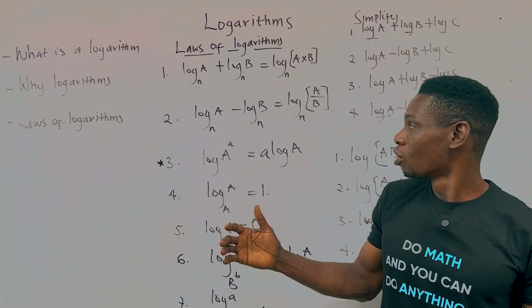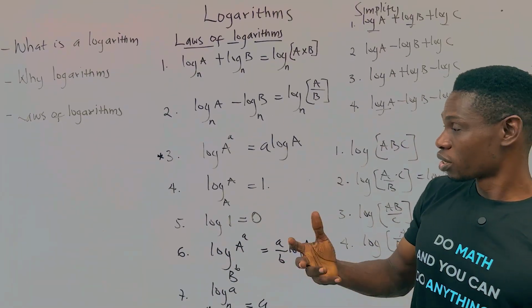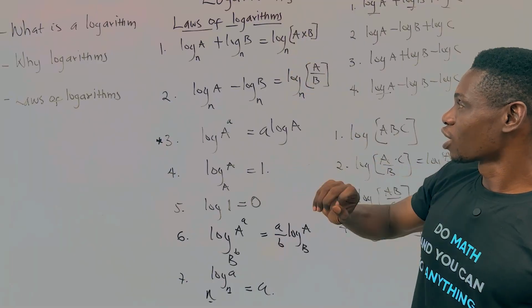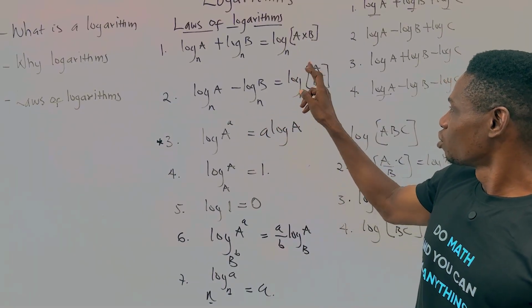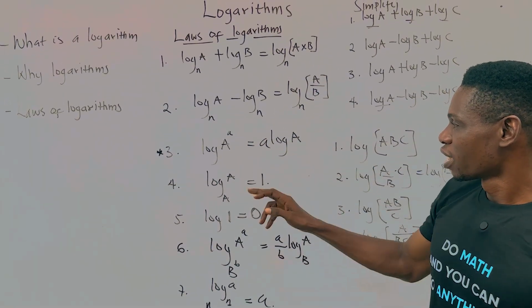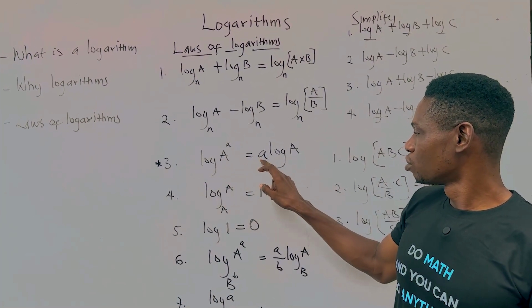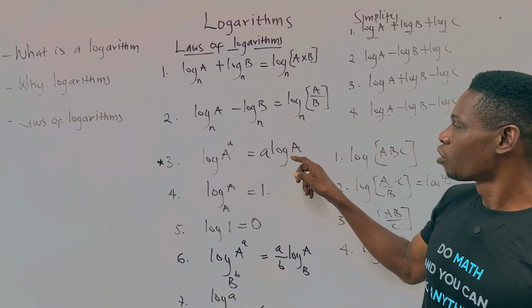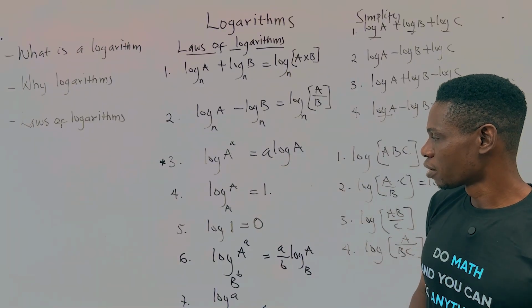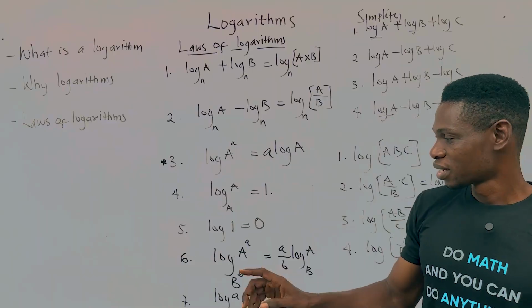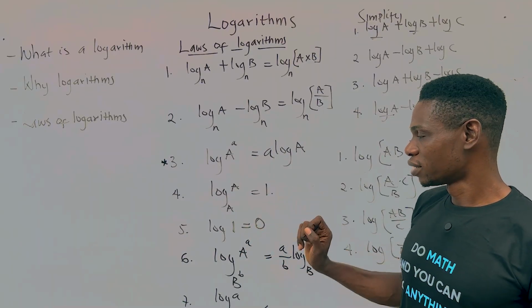So these are the basic laws of logarithm. So let's do a quick recap. The first one says if you're adding 2 logs, you multiply the arguments. Subtracting, you divide the arguments. If the argument has a power, the power can be taken to the front. So you have a log A, as we've done here. Now, if the argument and the base of a log are the same, the answer is 1.